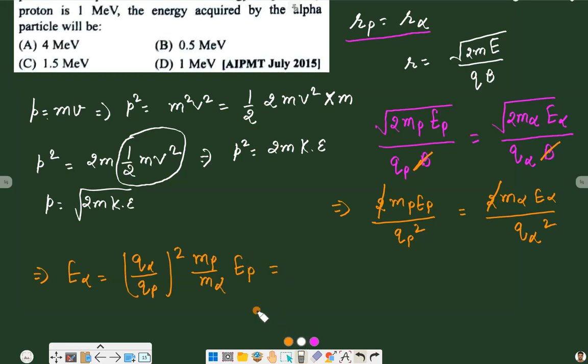Putting in the values, the charge of the alpha particle is twice that of the proton, so we have 2 by 1 whole square. Mass of proton is 1 and mass of alpha particle is 4, times the energy of proton, that is 1 MeV. 2 square is 4, 4 gets cancelled with 1 by 4, so our answer is 1 MeV. So their energy is the same here.